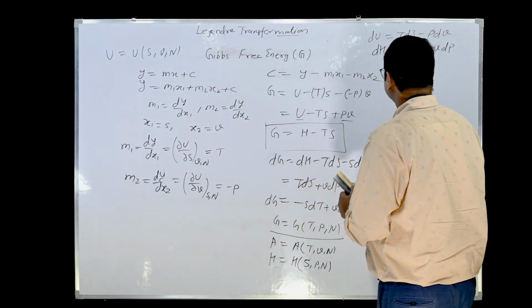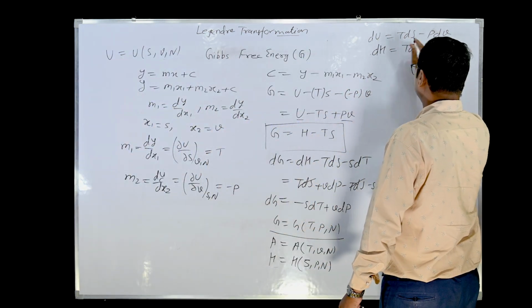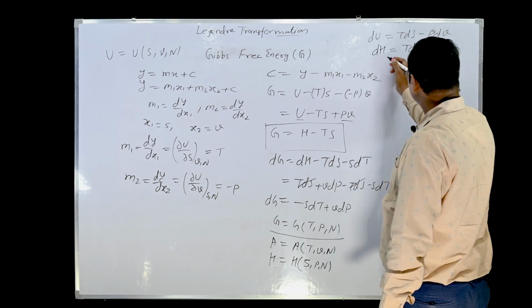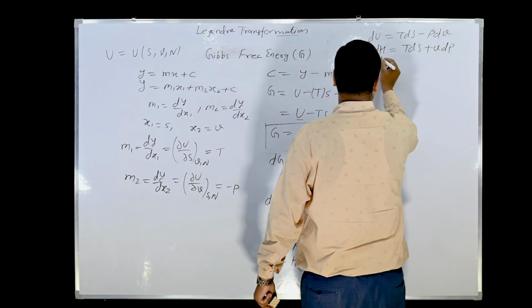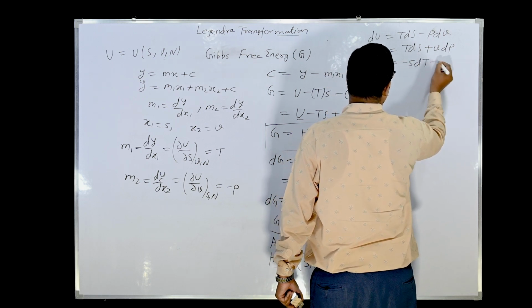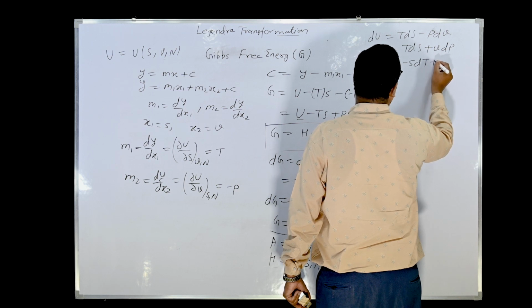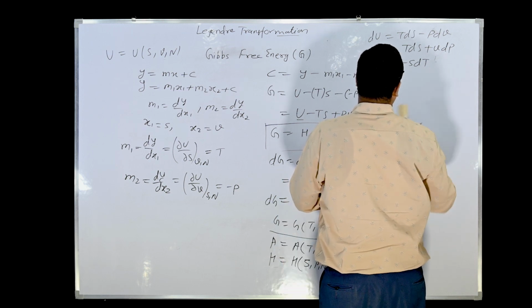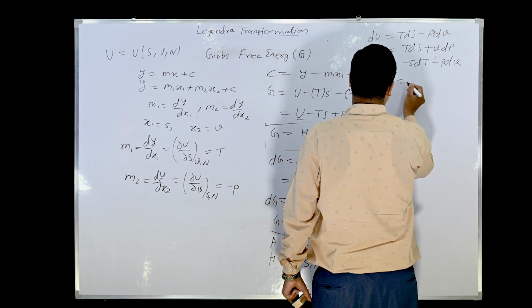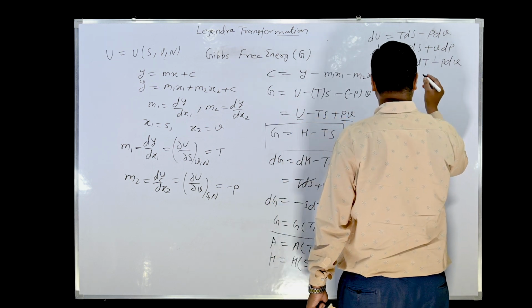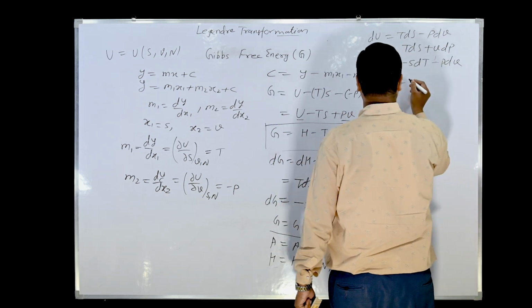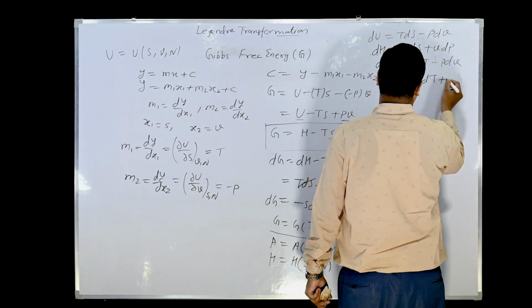Or we can see dU is equal to the basic equation, dU is equal to TdS minus PdV, dH is equal to TdS plus VdP, dA is equal to minus SdT minus PdV, and dG is equal to minus SdT plus VdP.